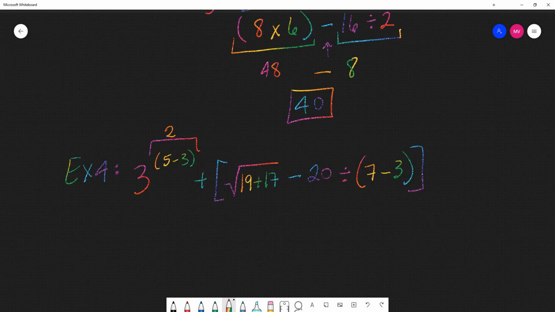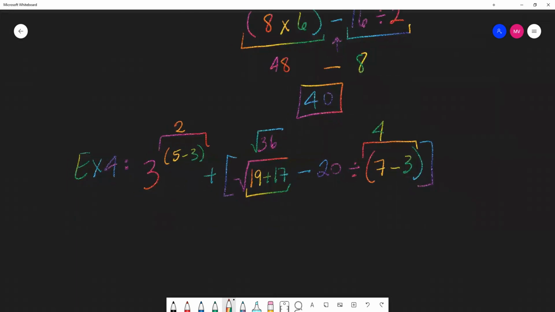What's our second one? I heard 19 plus 17. It's all grouped together under your square root. So that could become what? 36. Right? We know we can see what that perfect square would be. And my last one here, let's just be consistent. 7 minus 3 is 4.